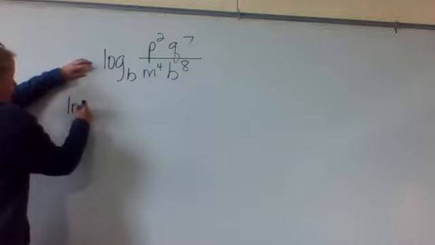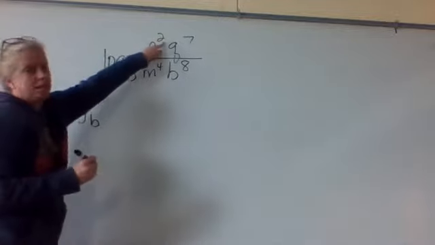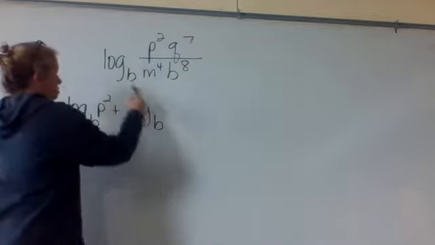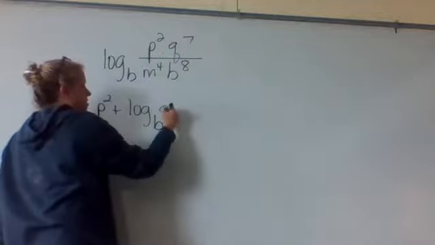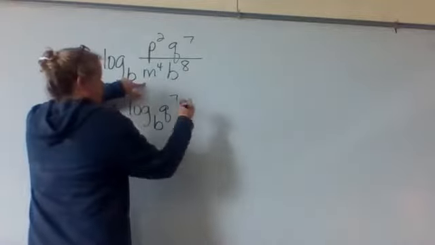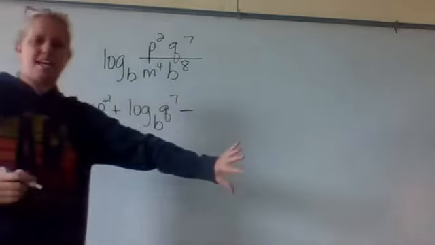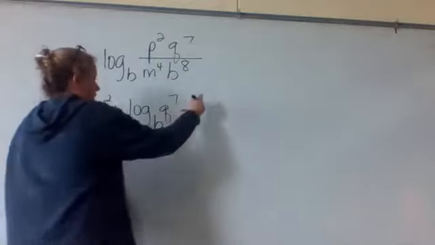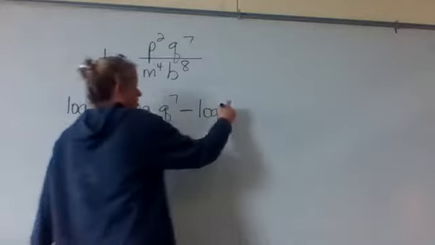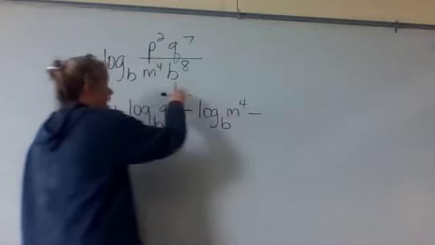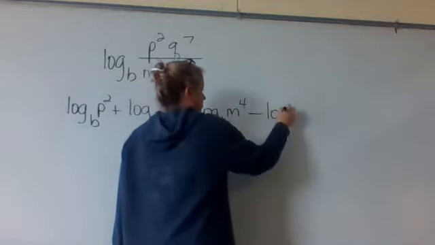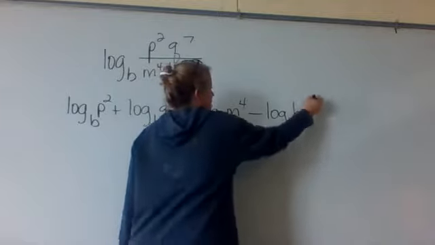So first thing I have is log base b of p squared plus log base b. The second one up top is q to the 7th. Now we're changing to minus, right? Anytime you go to the denominator, then you're going to minus. Still log base b. The first one is m to the 4th. Then another minus, because it's in the denominator, log base b of b to the 8th.